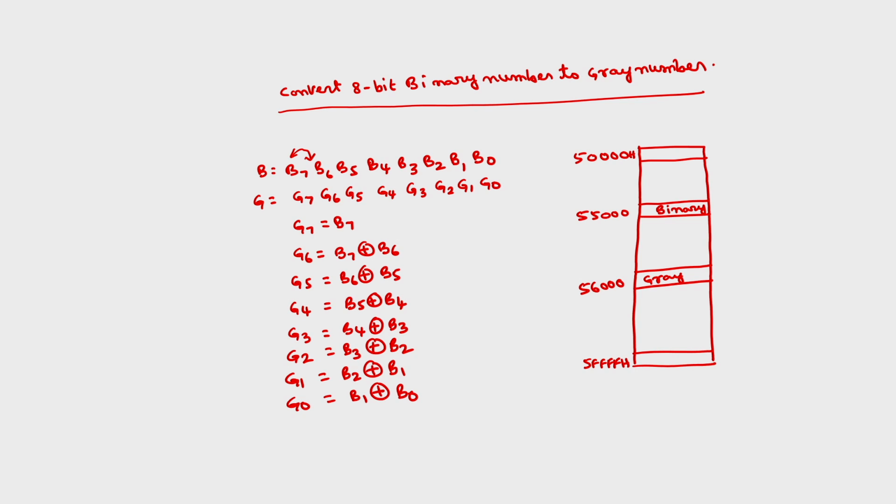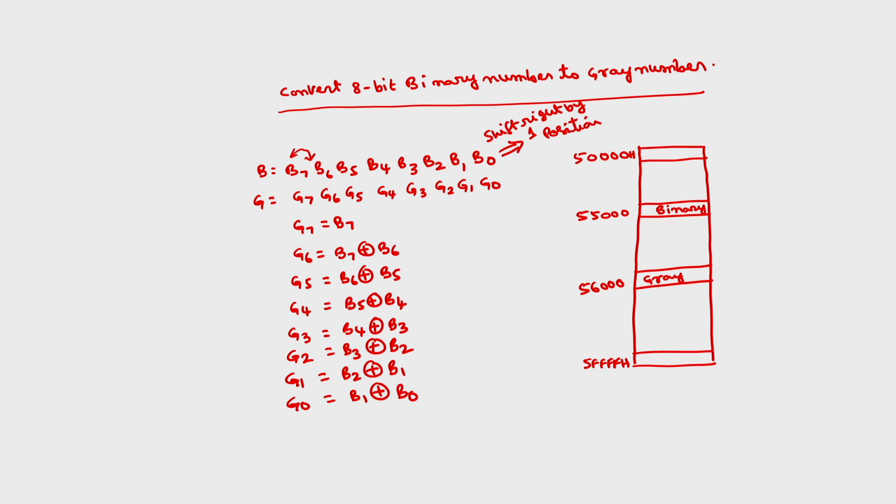Instead of that, the logic that we are going to use here is, if I somehow shift the given binary number to the right by 1 bit position, so that B0 goes out and the MSB position gets a new bit.